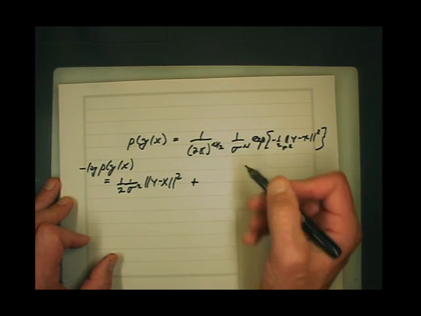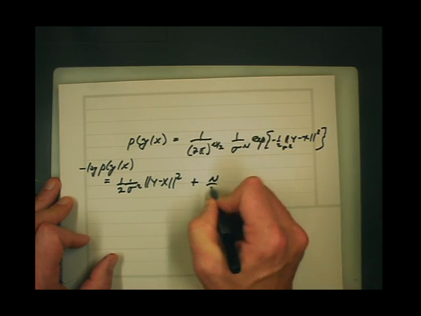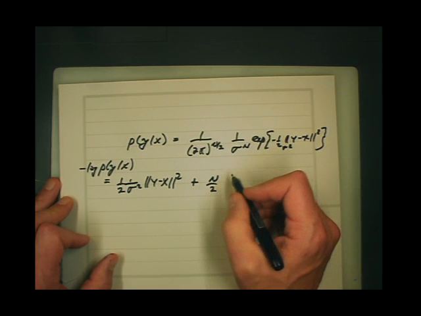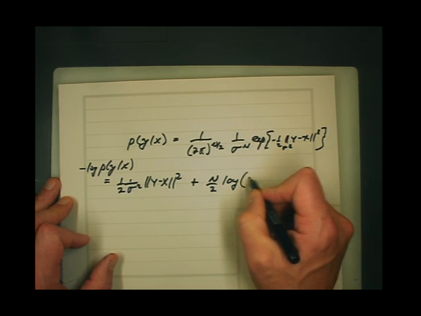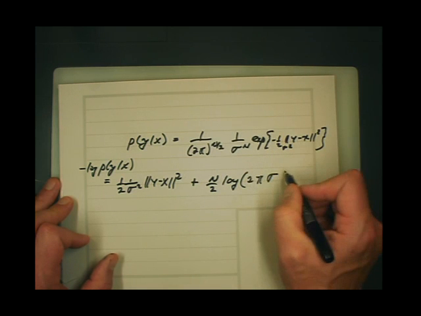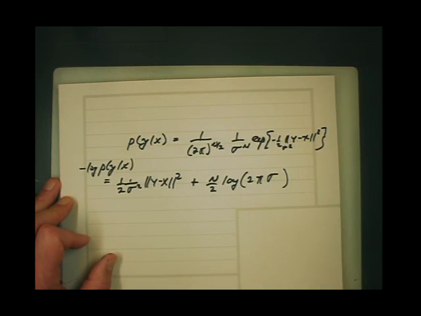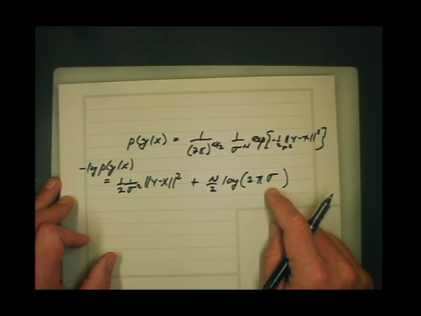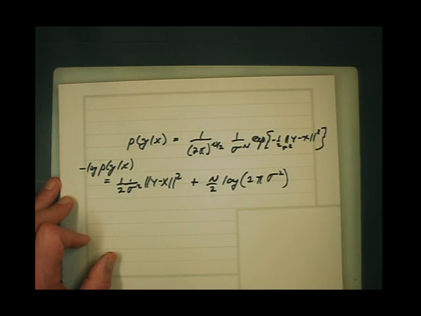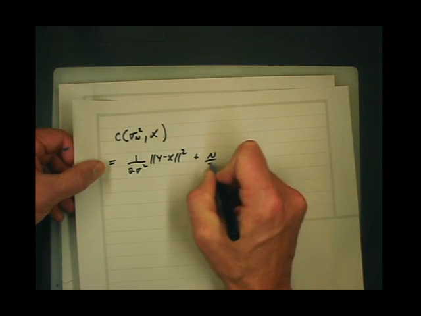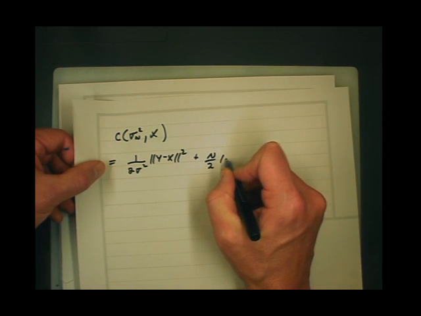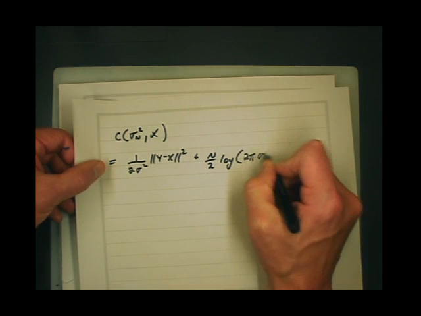And then this is plus n over 2 times the log of 2 pi sigma squared, right?